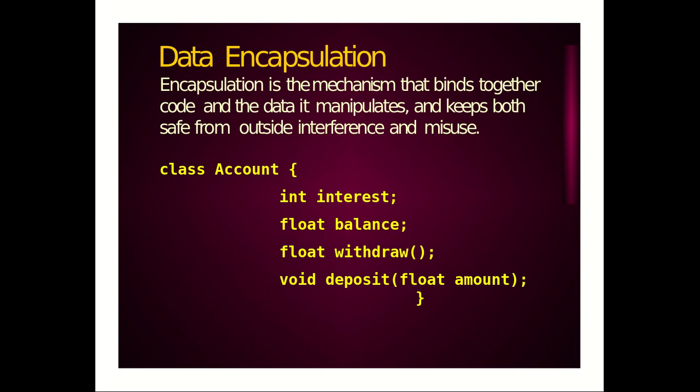That means we bind these two data members, interest and balance, along with the member methods withdraw and deposit, and whenever we create an object of that class, it will manipulate interest and balance. Other than these class members, other members or other classes cannot access these members from outside the class or misuse this data. So it provides the data encapsulation mechanism that is very important for object oriented programming.